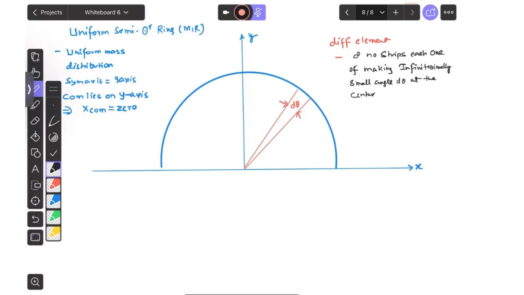Then what we do, we select one such small strip which is located at some arbitrary position, suppose theta.